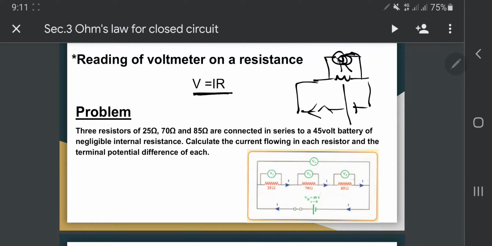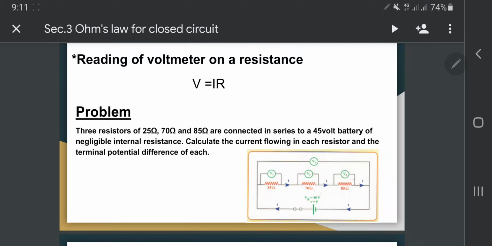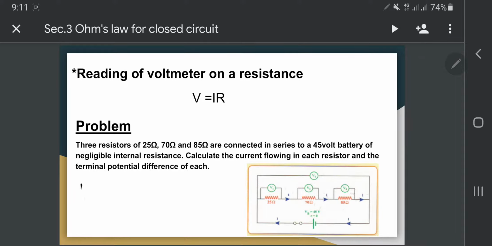I use Ohm's law. For example, three resistances connected in series, so the current is constant: 25 ohm, 70 ohm, 85 ohm, and the electromotive force of the battery is 45 volt. Calculate the current flowing through them. I equals VB over (R equivalent plus internal resistance).